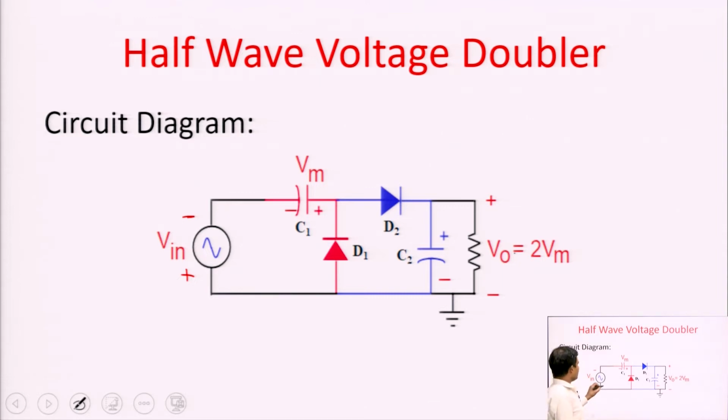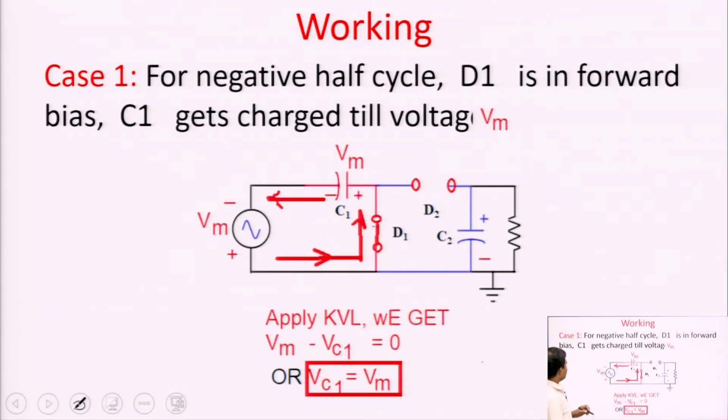This means C1 will get charged in this loop. The right plate of C1 will get positive charge and the left plate of C1 will get negative charge as shown in this loop. And now D2 is open circuited.